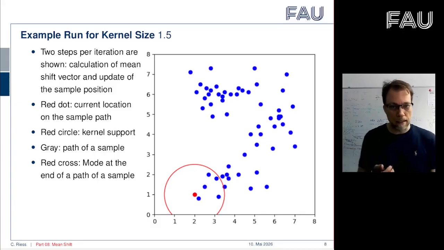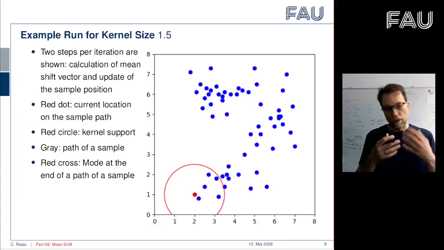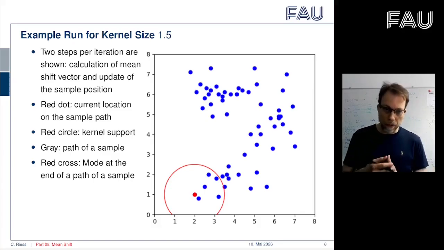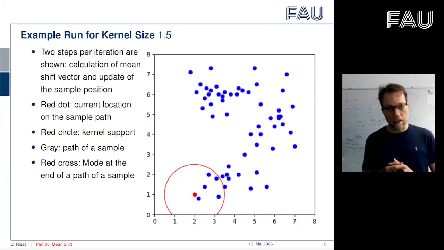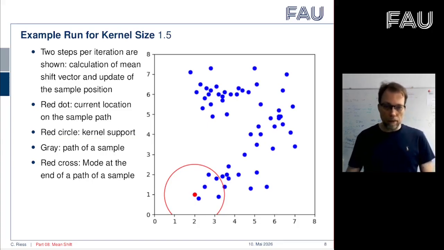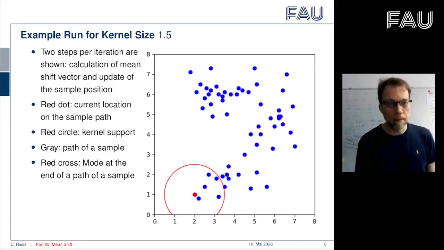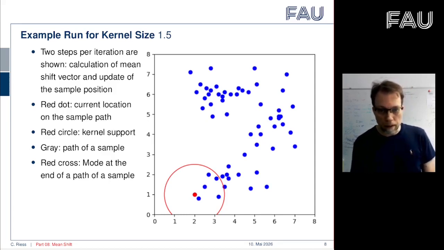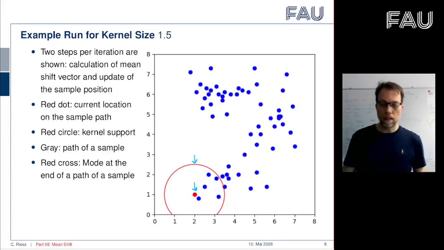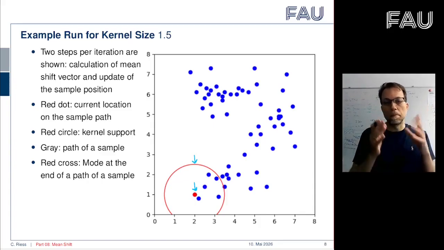Okay, let's look at a practical example. So here's our distribution of points, the same distribution that we used already for the k-means and the Gaussian mixture models. What I show here is the sample of interest. Here I'm using the Epanechnikov kernel, so this is the window of influence within which we are calculating the mean update.